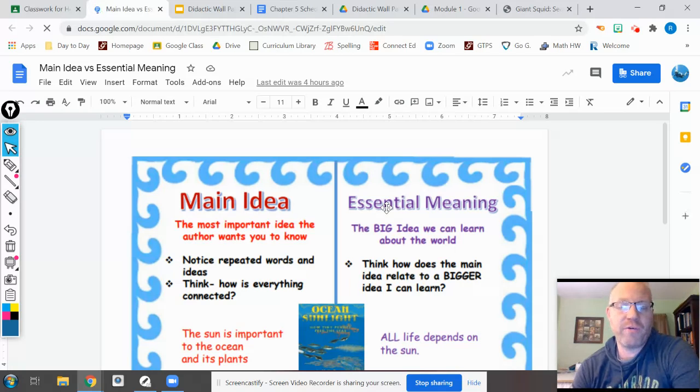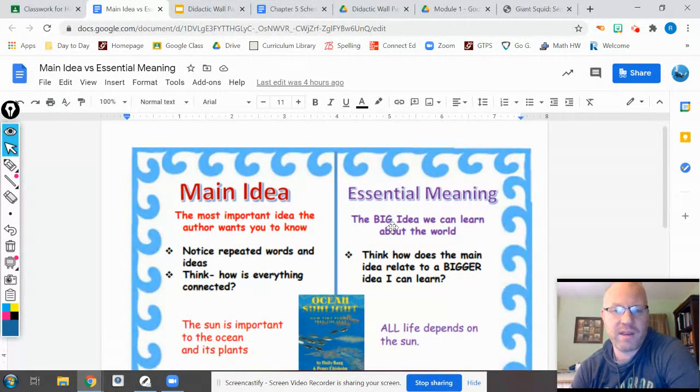We're going to break down a few of the books that we've read in Module 1. And what we're going to do is break down what it means to have these two items. What it means to find the main idea and what it means to find the essential meaning.